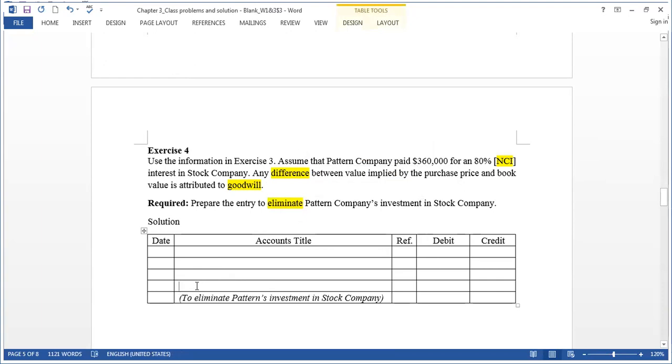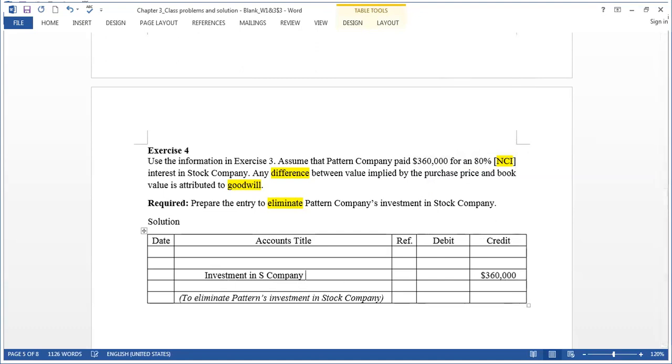Now we know that investment in subsidiary company is credit, because before, we recorded investment as debit. And according to this question, what is your investment? You invested $360,000. This is your investment, and it is credit.